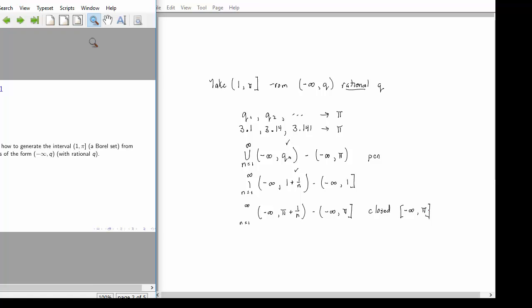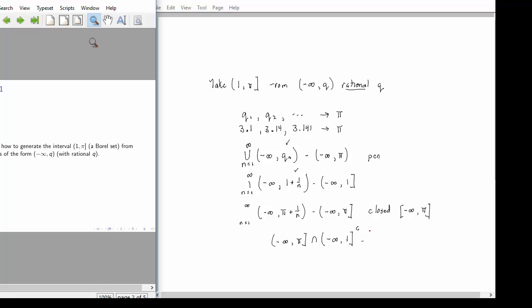Okay, we're almost done. All we have to do now is exploit the fact that we can form intersections in a sigma field. And I will take the intersection of the interval that extends from minus infinity up to pi with the complement of the interval that goes from minus infinity to 1.